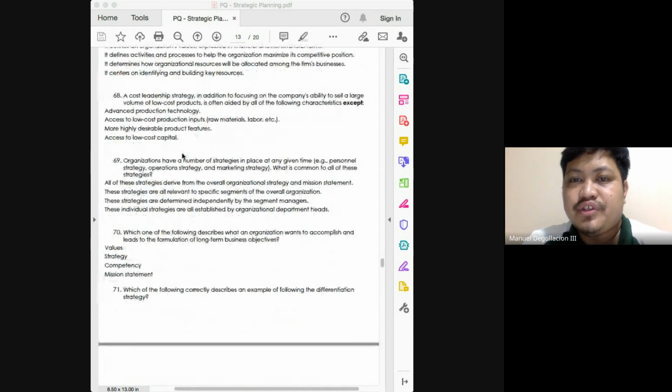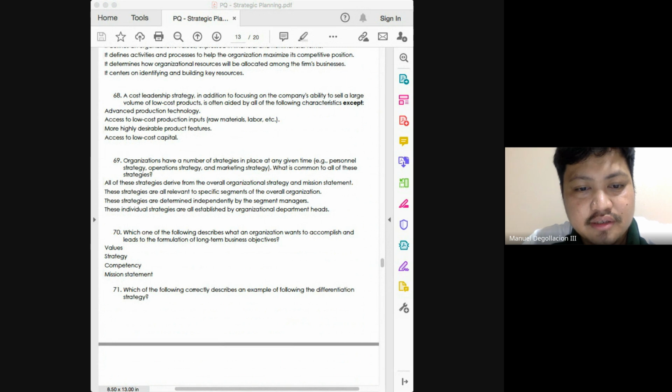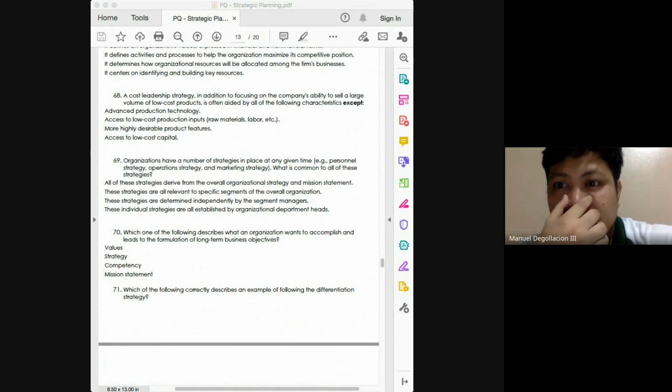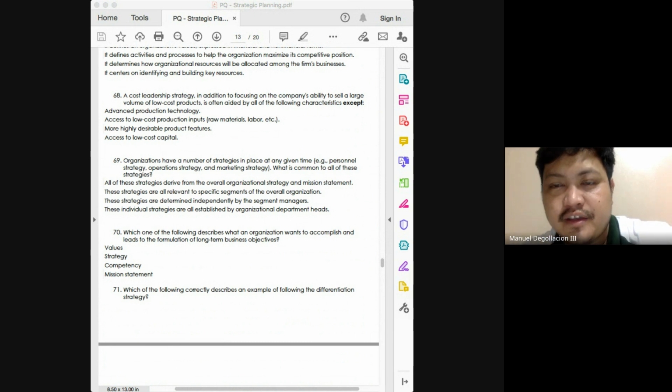A cost leadership strategy, in addition to focusing on the company's ability to sell a large volume of low cost products, is often aided by all of the following characteristics, except... We're looking for the one that doesn't fit a strategy to sell a large volume of low cost products.